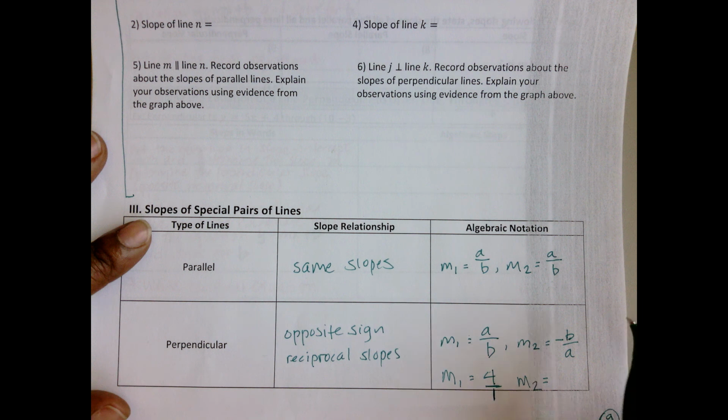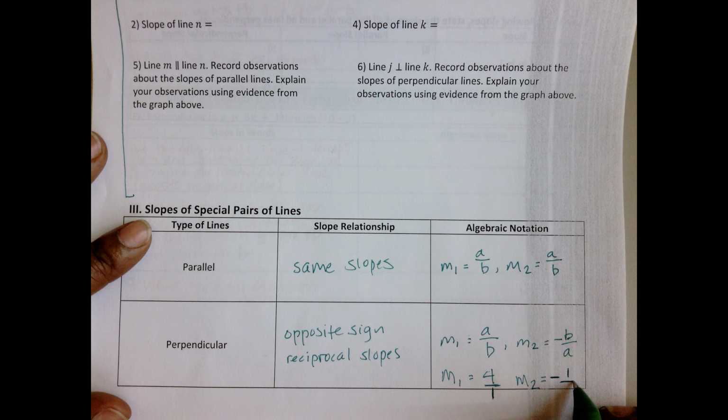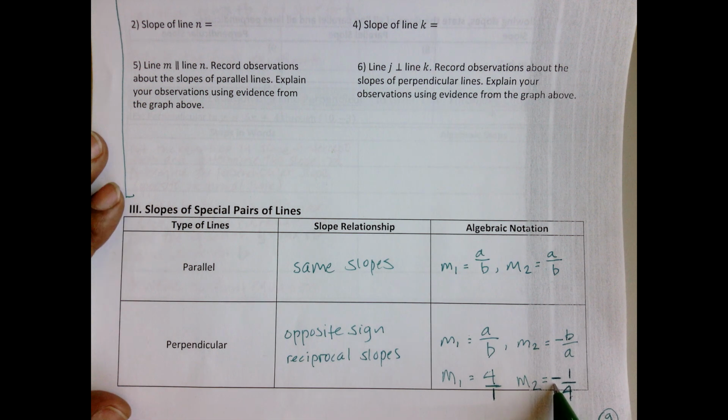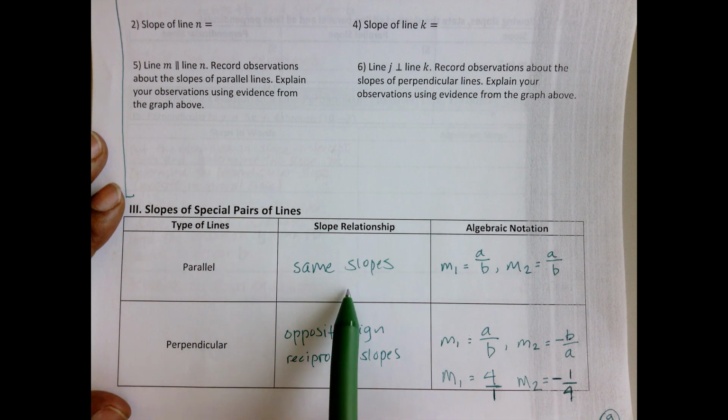That means that the slope of my perpendicular line is going to be the reciprocal of that. Reciprocal just means flip the fraction over. It's going to be 1 over 4, and it also has to be the opposite sign, so it's going to be negative, okay? So again, parallel lines have the same slope. Perpendicular lines have inverse reciprocal slopes, okay?